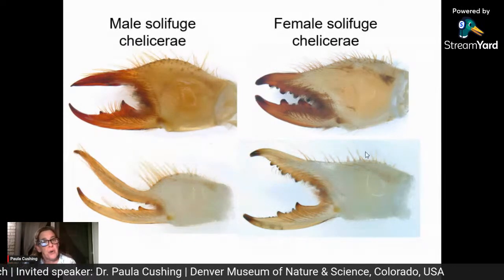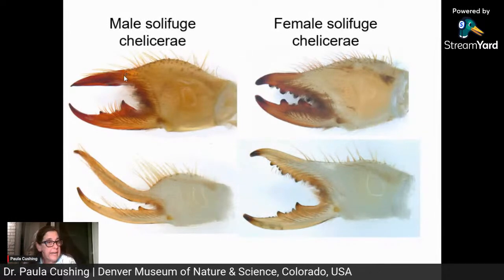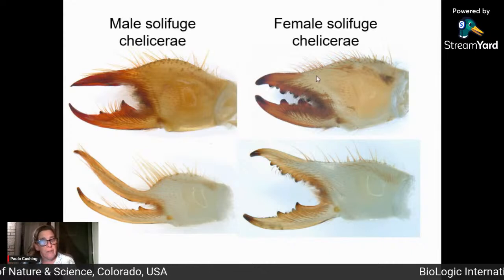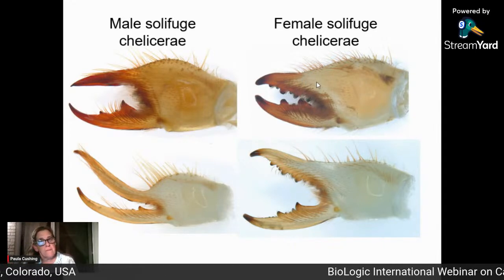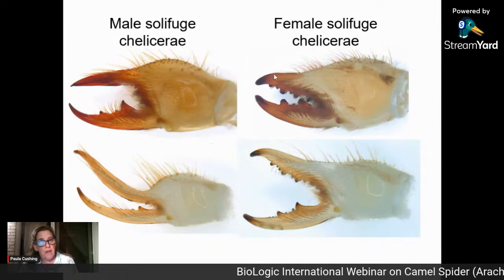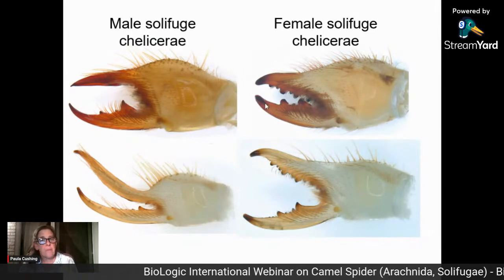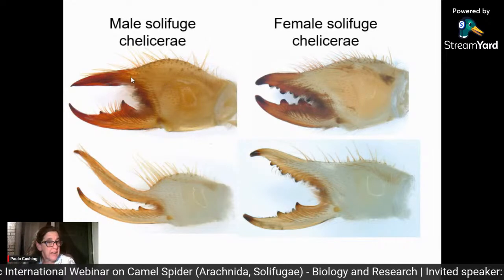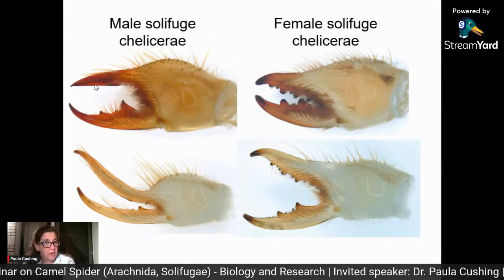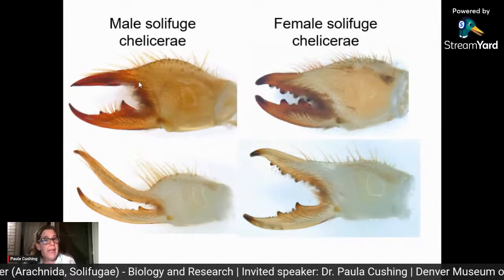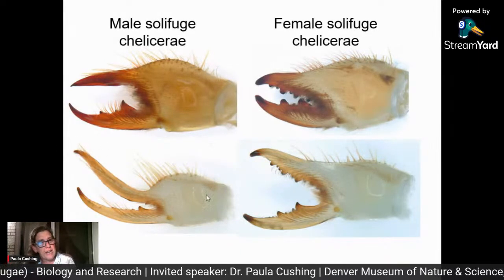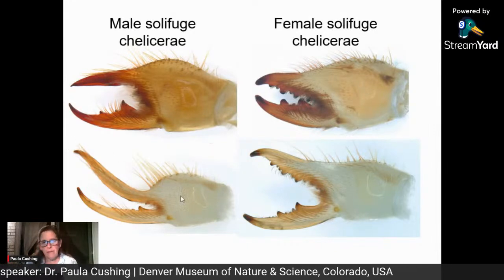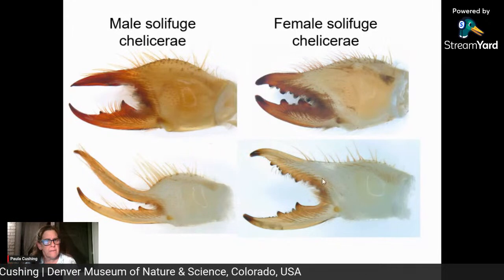What you should notice is that in the family Ammotrechidae, females have teeth on both the upper fixed finger of the jaw and on the movable finger, whereas the males do not have teeth on the fixed finger. Sometimes the male chelicerae have very strange patternings and shapes, very different from what we see in the female.